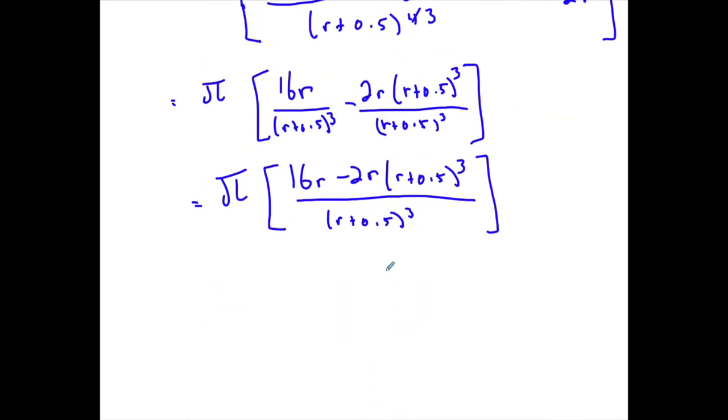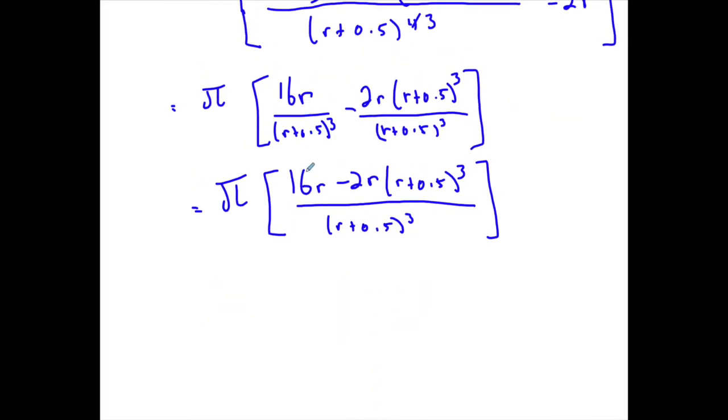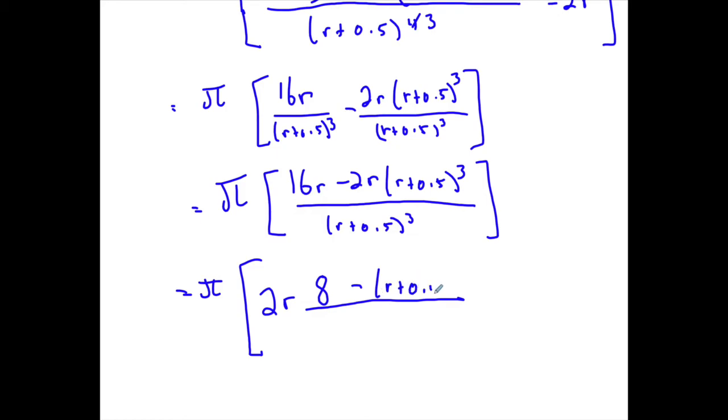Notice that the top and the bottom both have a 2, and we can actually take that 2 out. So I want to take the 2, and I want to take an r off the top. So we factor that out, and what I get is 8. The 2r comes out of there. So I get minus r plus 0.5 to the third over r plus 0.5 to the third.